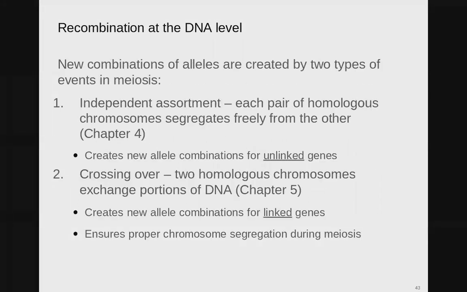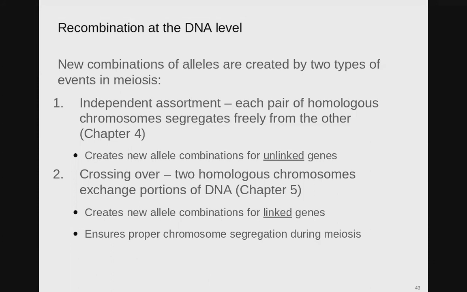So let's talk about recombination. It's an important part of genetics, not genomics. Now, as we've mentioned previously, new combinations of alleles in gametes are created by 2 distinct events in meiosis 1.